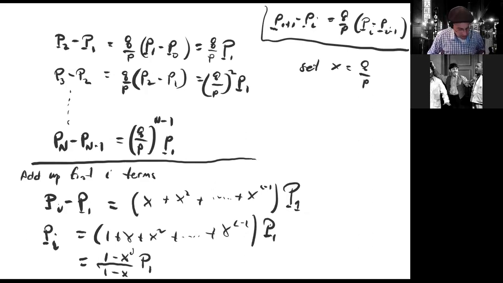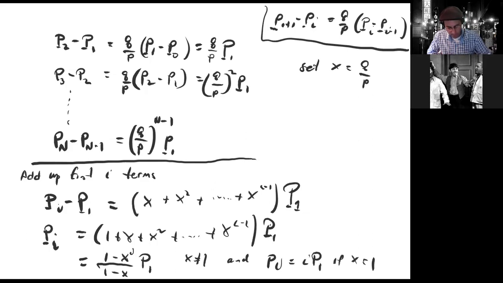Actually, this formula only works if x is not 1, and if x equals 1, you've got to do something else. You just substitute x equals 1 into the equation, and you'll see that pi is i times p1 if x equals 1.